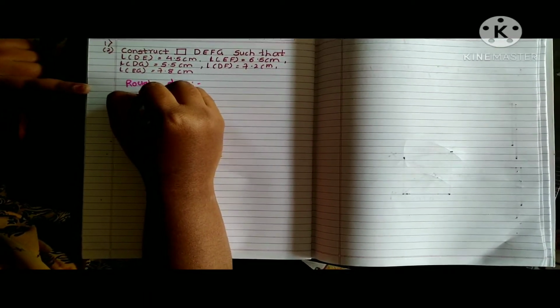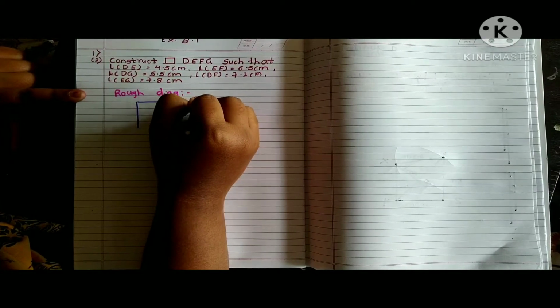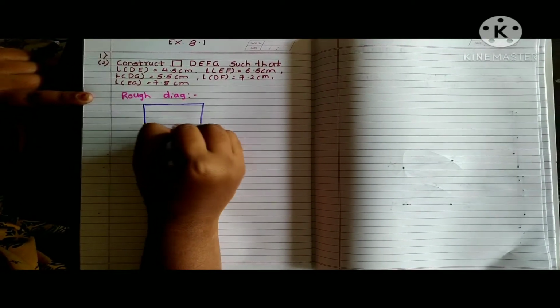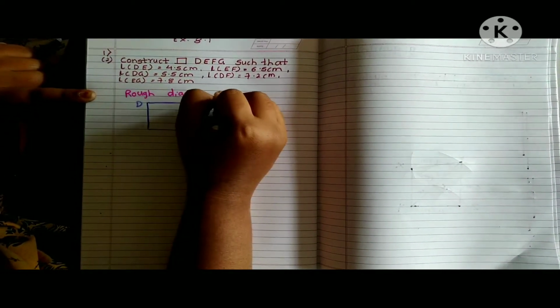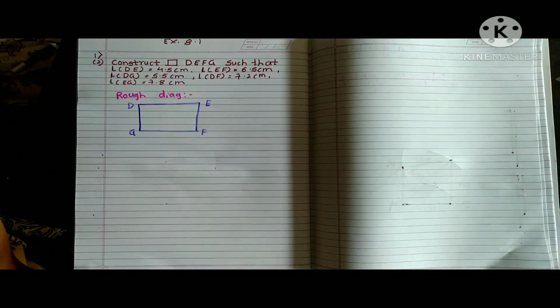So I have to draw the quadrilateral DEFG. Let's give the points D, E, F and G. Now what is given?